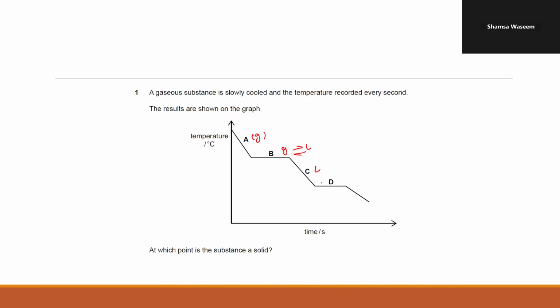The temperature at which the liquid turns into solid is the freezing point. So here, we will have liquid as well as solid state. This is going to be D actually. When you see only solid, there's no option over here. So in D, we will have liquid as well as solid state, and that's the freezing point.